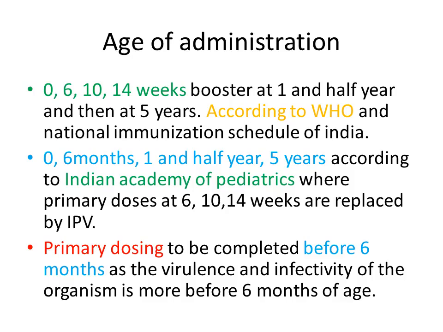Age of administration. According to WHO and the National Immunization Schedule of India, the age of administration is 0, 6, 10, 14 weeks, booster at 1.5 years and then 5 years.